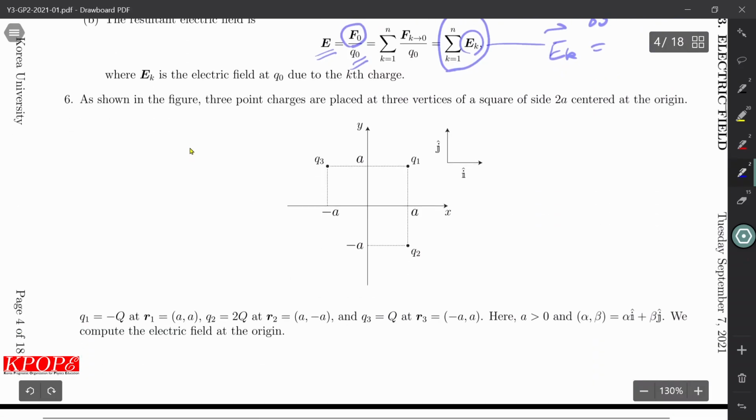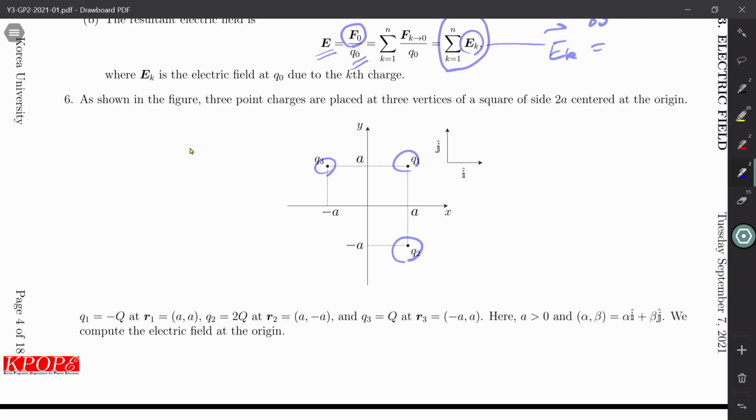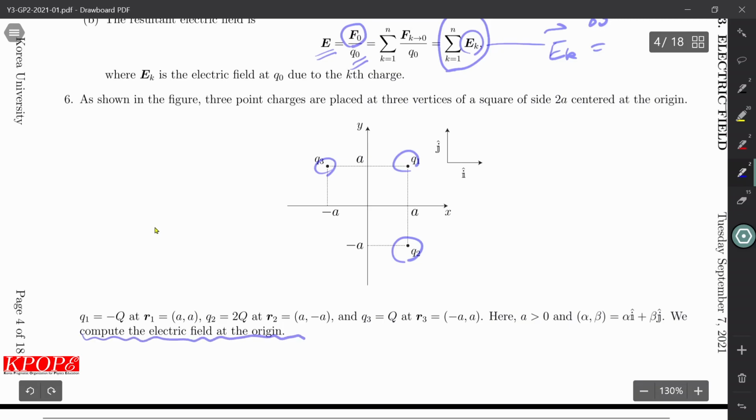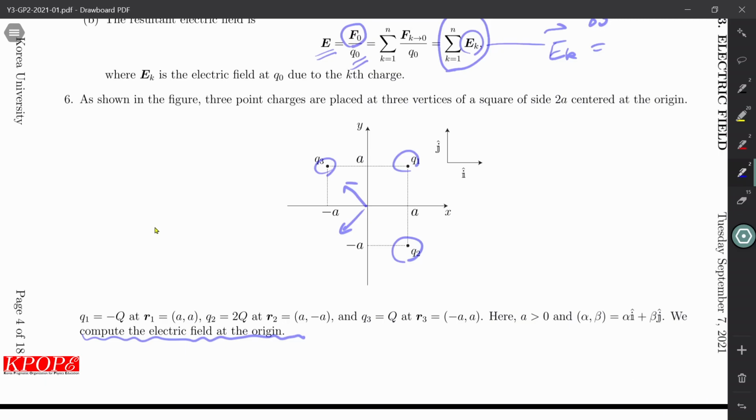So you can compute the electric field due to various charges. You can compute the electric field at the origin. You need to compute the electric field due to charge Q2, due to Q1, and due to Q3.